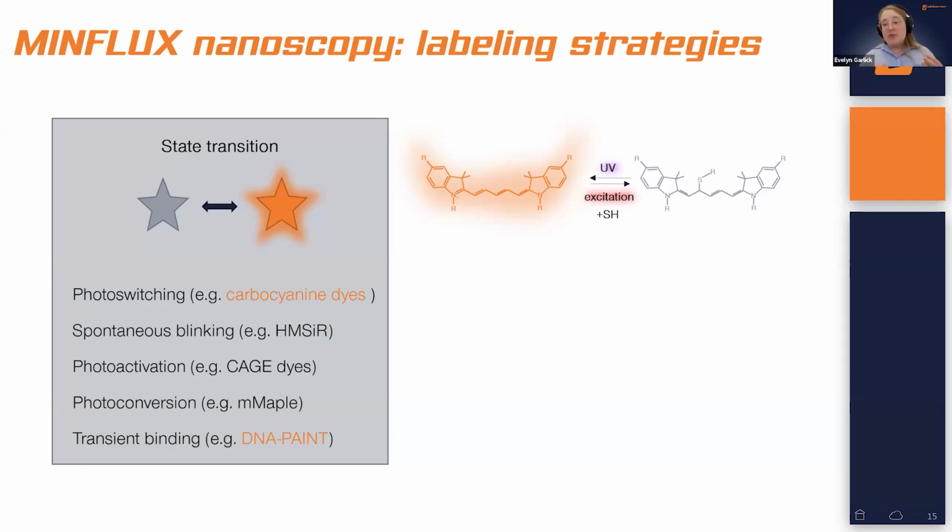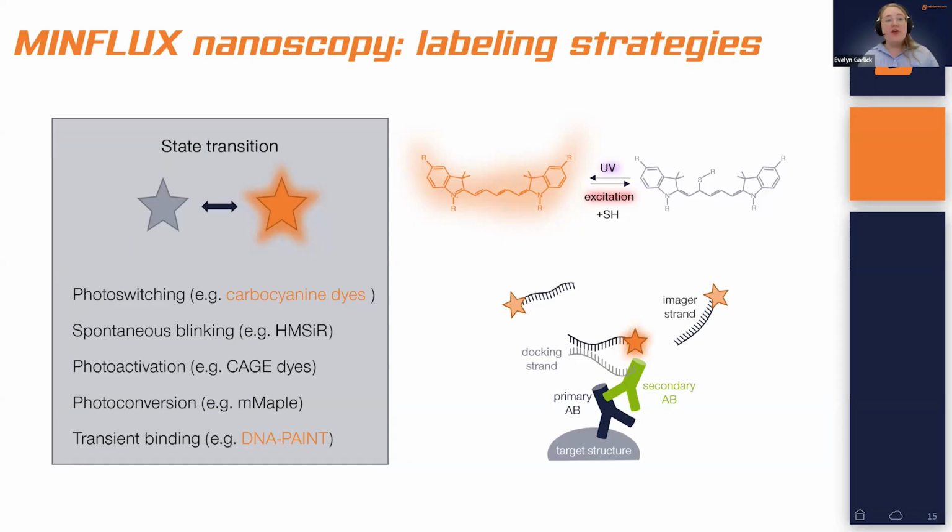That thiol component can bind to our emitting fluorophore and put it into a reversible dark state. This reversible dark state is relatively long-lived, which means that at any given time, the majority of your molecules will not be emitting, and we'll end up with some spontaneous return to the emitting state, allowing us to create that blinking behavior that's necessary for MINFLUX. We're also able to trigger this back reaction with ultraviolet light, the 405.